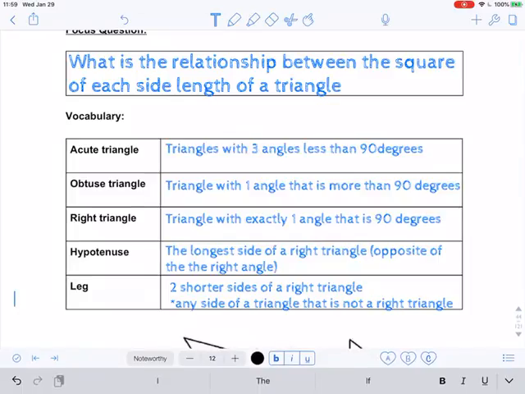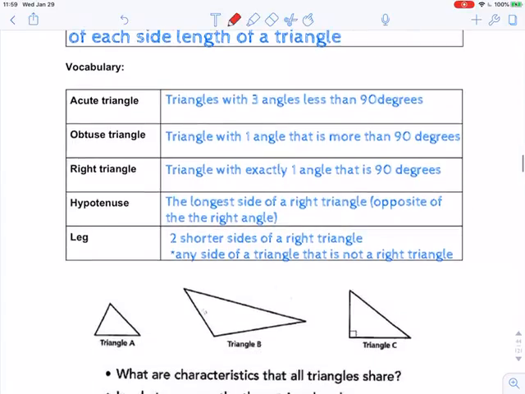In a right triangle, this represents our right triangle. The hypotenuse should always be opposite the right angle.